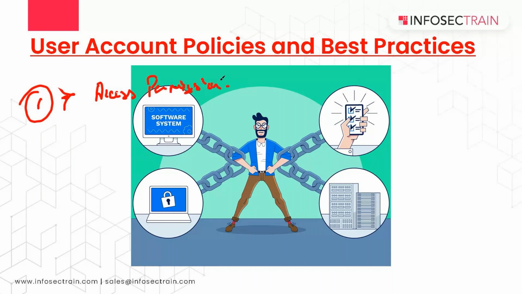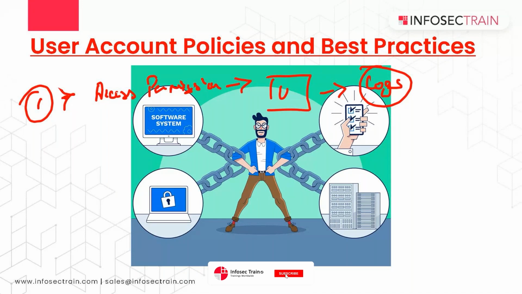We will ensure that each and every user has the necessary permissions so that they can perform their regular tasks while preventing unauthorized access. Like they cannot access any file for which they do not have permission. If they try to access it, it will come inside our logs, and later on we will know that this particular user was trying to access this sensitive file without permission. So that is the access permission.